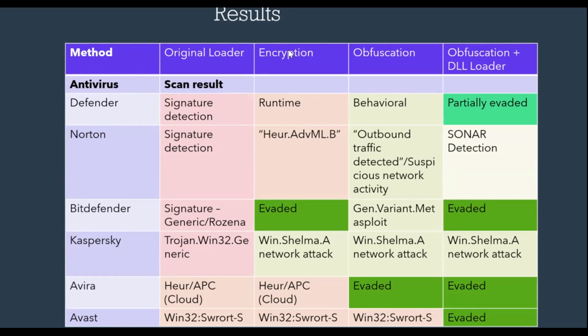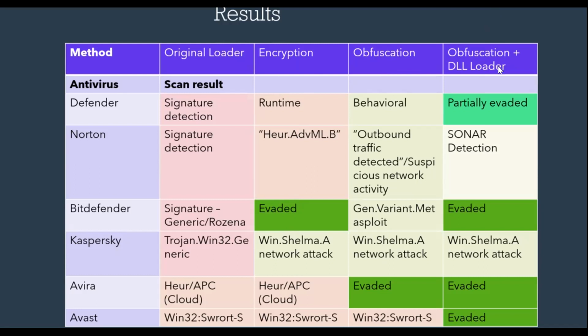Encryption was detected by a lot of them as well, although it was able to evade Bitdefender. And obfuscation, most of them were able to detect this one too, except Vera was somehow able to evade it.